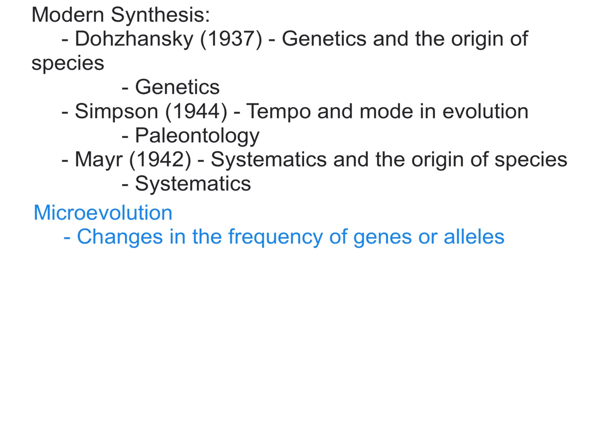Let's say it was 0.5% 50,000 years ago, and it's 12% today. Okay, so these didn't become a new species, but the frequency of alleles, at least for that one gene or multiple genes, if that's involved, have changed over time.